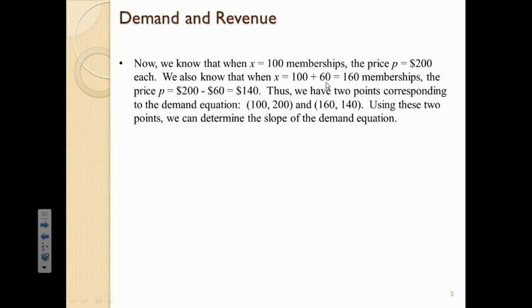If we have 60 members above 100, then we're going to lower our price by the same number, by $60. So it's 200 minus 60, that's 140. Now we have 2 points on the same line. The original point of 100 and 200, and now 160 members, $140. So we can determine the slope using these 2 points.